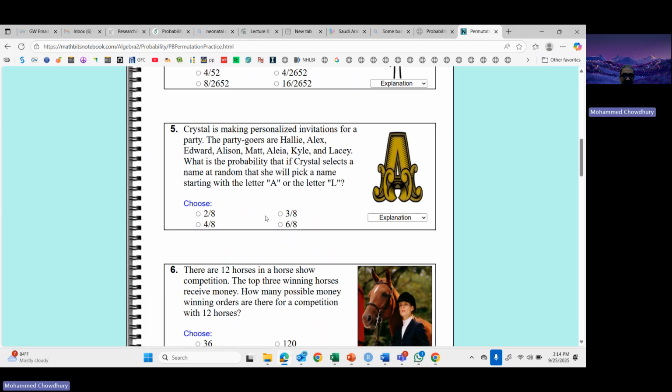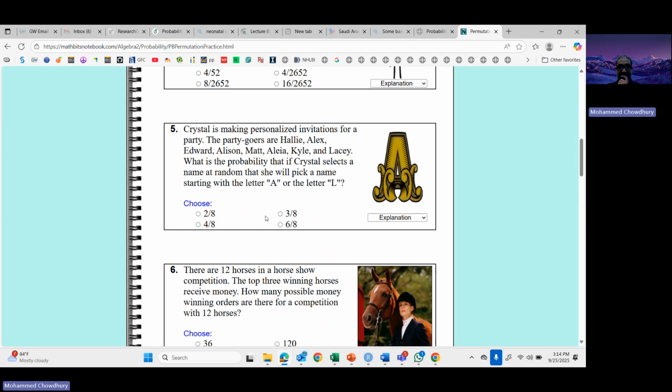Crystal is making personalized invitations for a party. The partygoers are Haley, Alex, Edward, Ellison, Matt, Elia, Kyla, and Lacey. 1, 2, 3, 4, 5, 6, 7, 8.